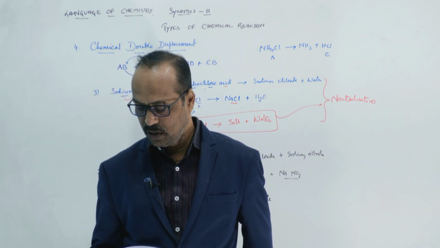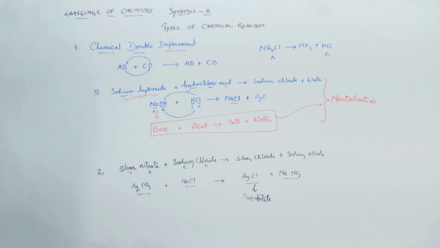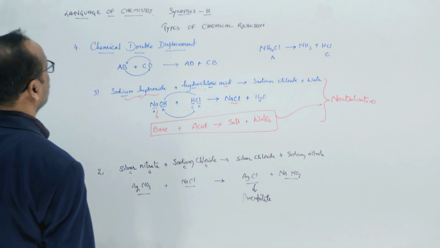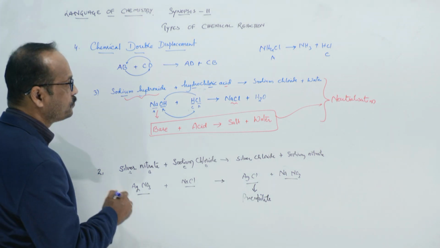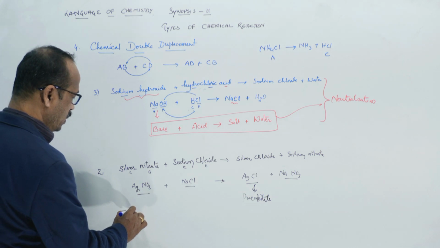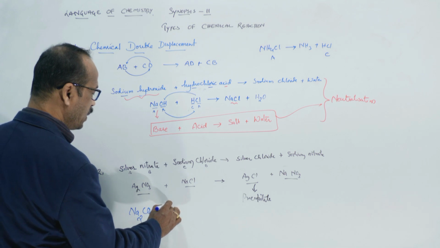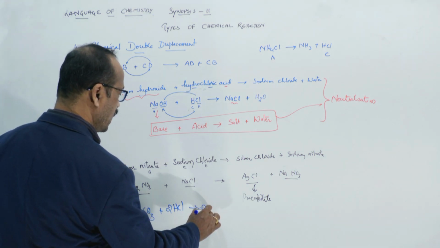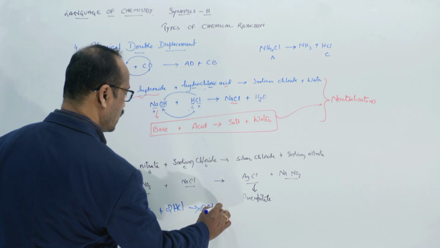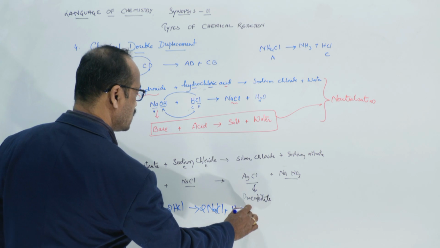The reaction will be like this. Sodium carbonate is Na2CO3. When it reacts with hydrochloric acid, to balance we write 2HCl. That gives rise to 2NaCl plus H2O plus CO2.